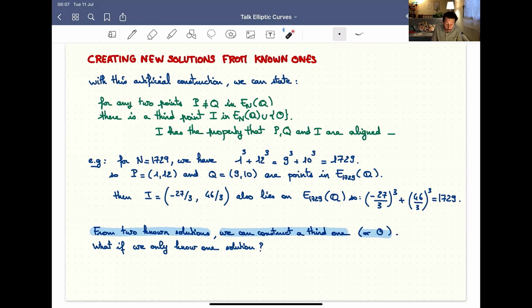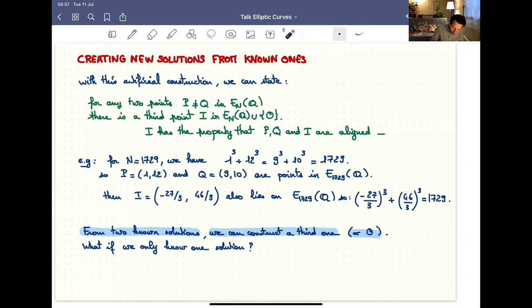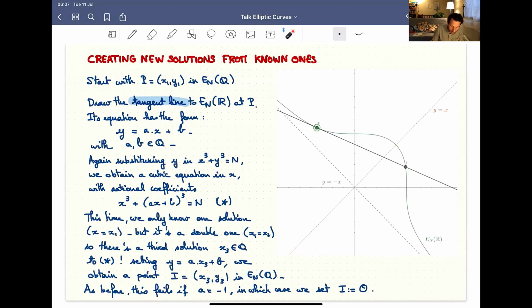One trick at least is, now we start with just 1 point P with coordinates x1, y1, whose coordinates are rational numbers. And instead of drawing the line joining P to Q, here we're just going to draw the tangent line to E_n(R) at P.